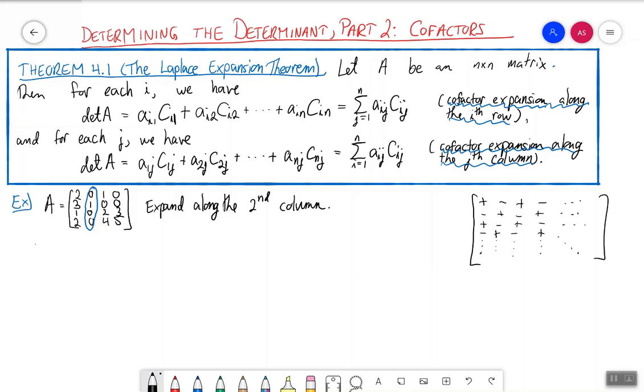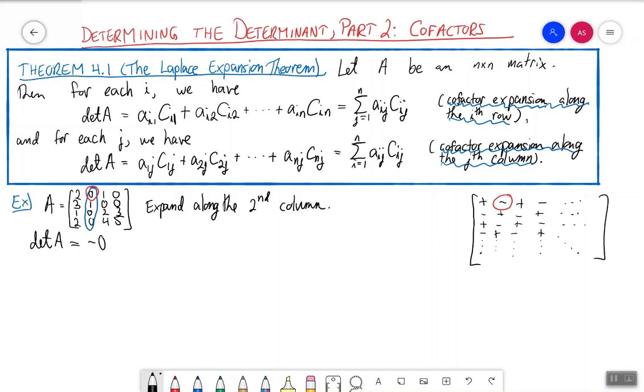Well, we get the determinant of A according to our formula. The first entry in this column, the 0 here, to figure out what sign we use, we go over here and we notice that we have a minus in that position.